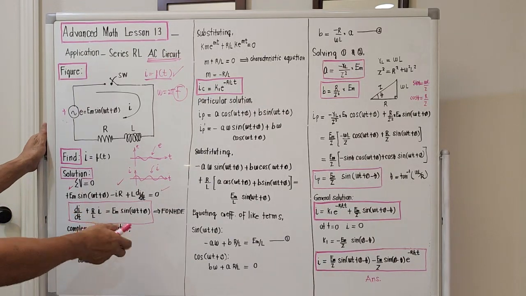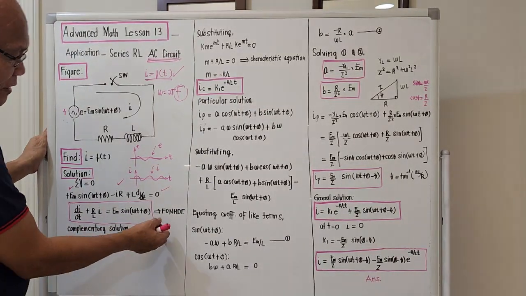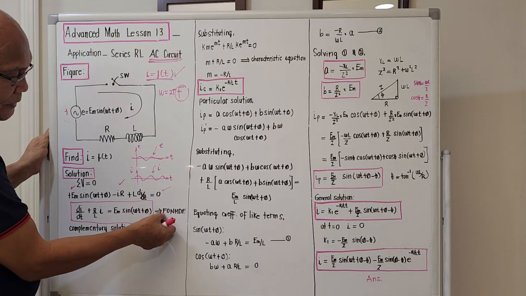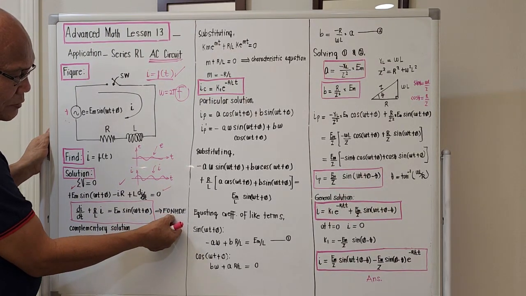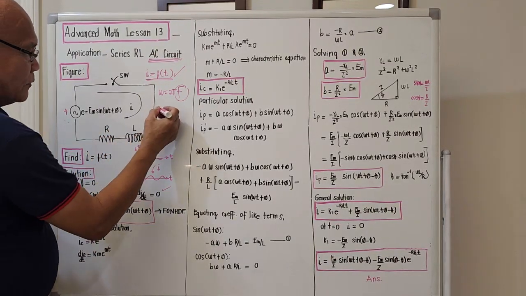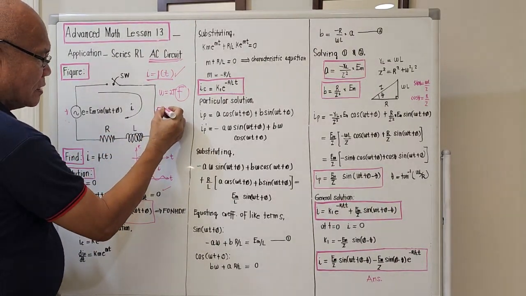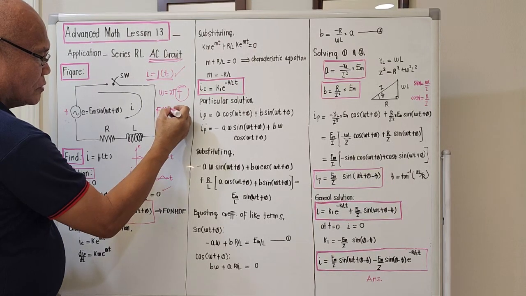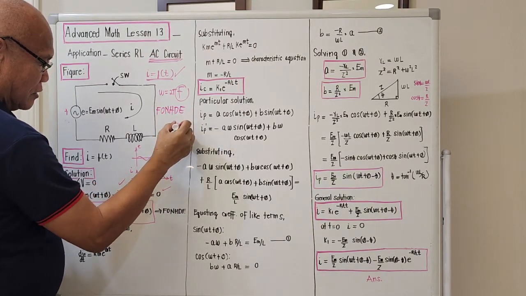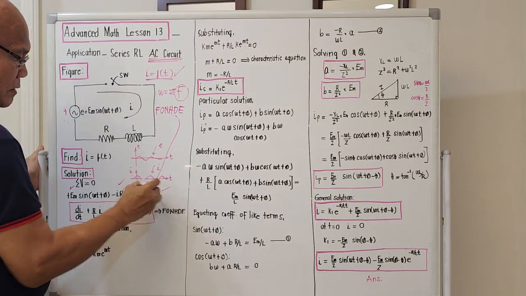So actually what comes out is, I place it here, FONHDE, meaning first order non-homogeneous differential equation. First order non-homogeneous differential equation is this one.